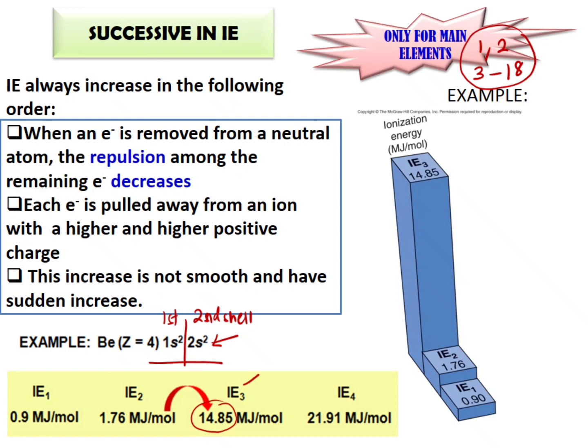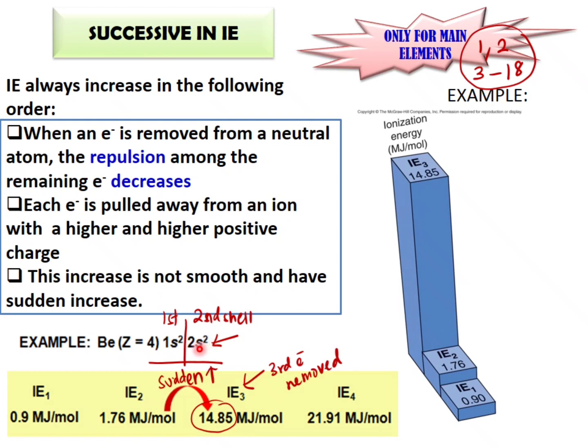It means that berlakunya sudden increase atau great jump. Okay, so ini adalah third electron removed. So the third electron removed berada pada first shell. Nampak? Elektron kedua dengan pertama berada pada second shell.